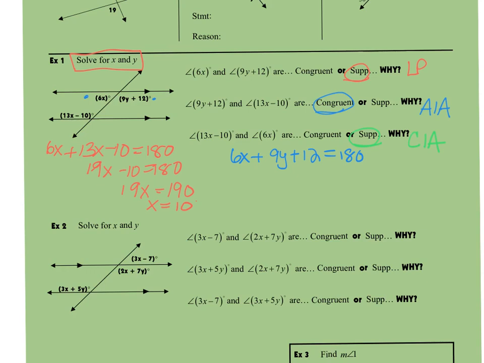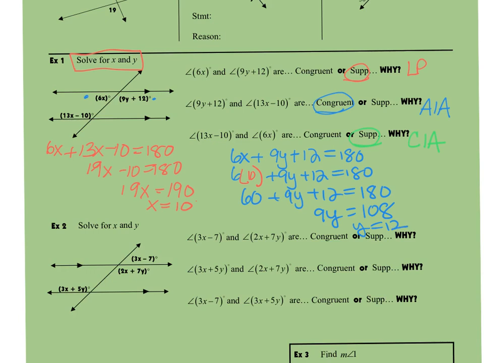So if we substitute in place of the x, we put in that 10, we're then going to be able to solve this equation for y. So we're going to have 60 plus 9y plus 12 equals 180. When we move everything over to the other side and divide, we're going to get y is equal to 12.